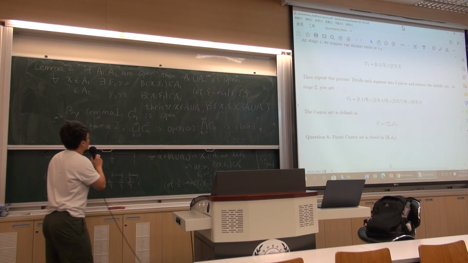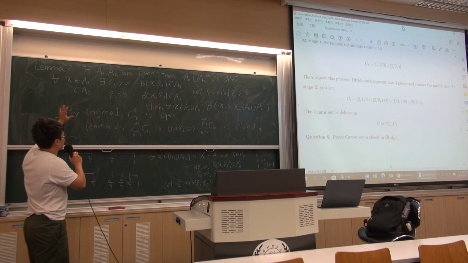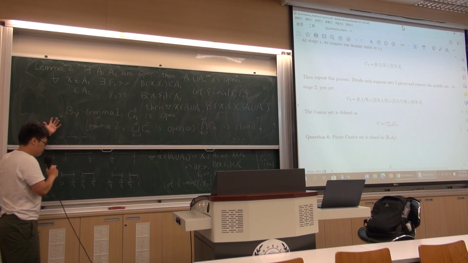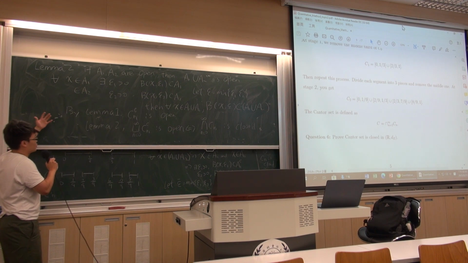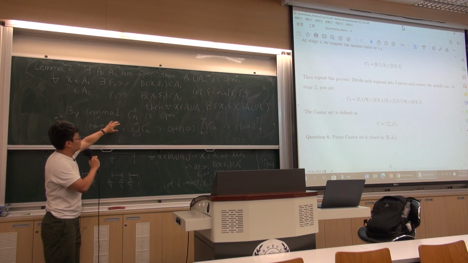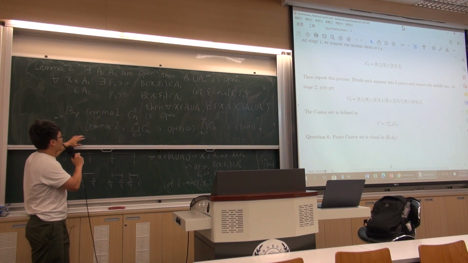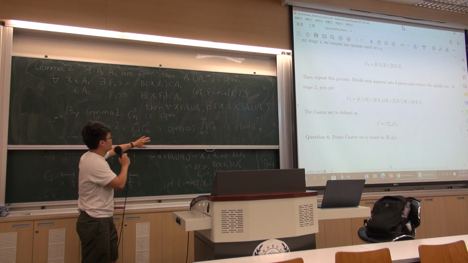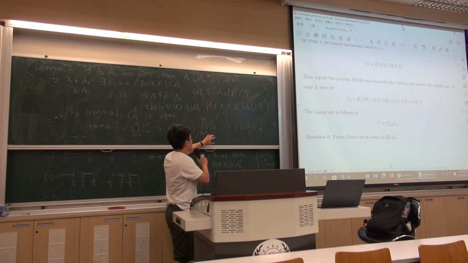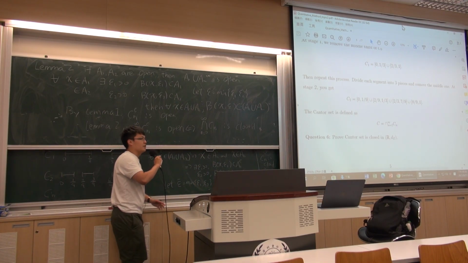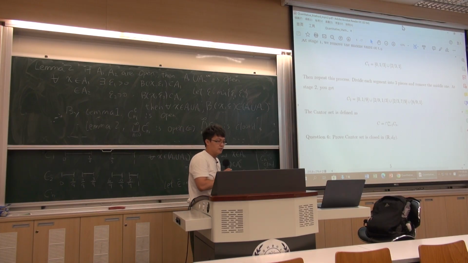Because of that, we proved that the union of two open sets is also open. So by lemma 1, we know the complement of each Cn is open. And by lemma 2, we know that the union of them is also open, which means the original Cantor set is closed, and that finishes the proof.